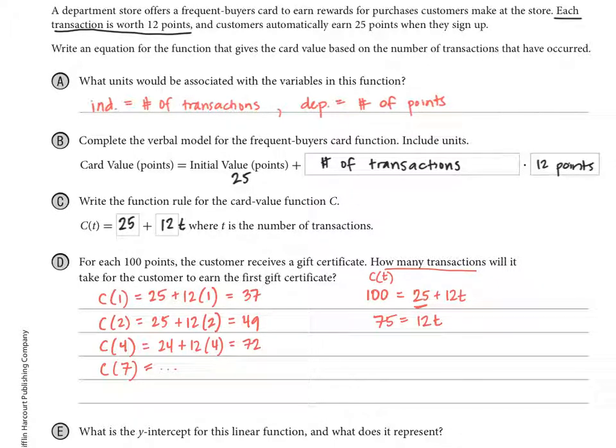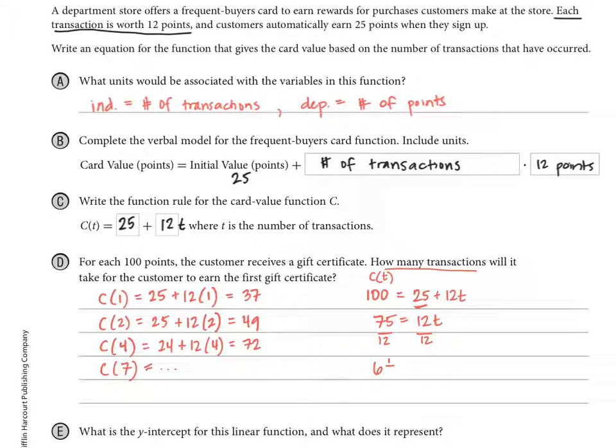And what you'll notice is this doesn't go in evenly when I divide by 12. So let's divide, and I'm going to get something like 6 point something, right? 6 times 12 is 72. So really it's 6 and a quarter, right?